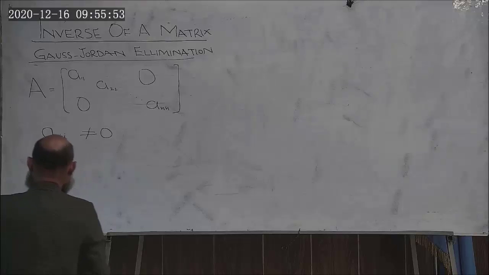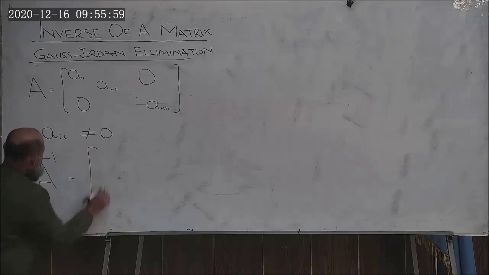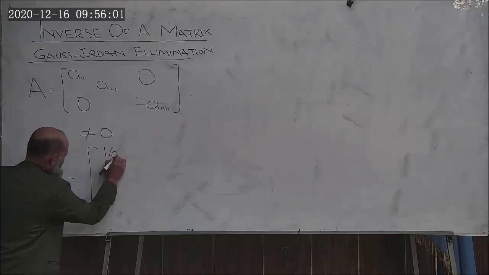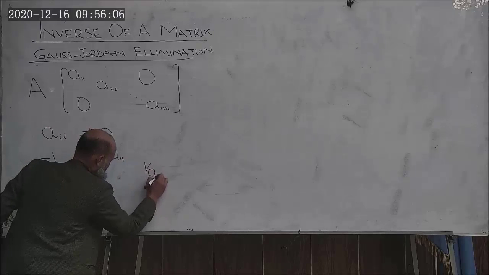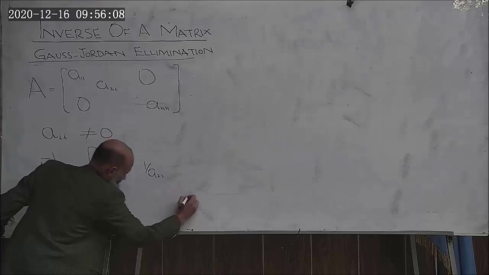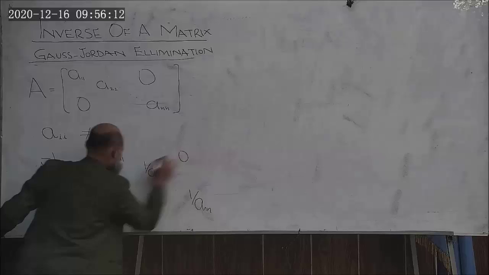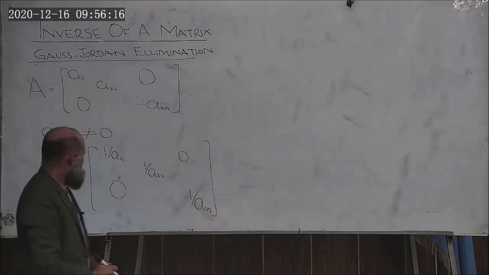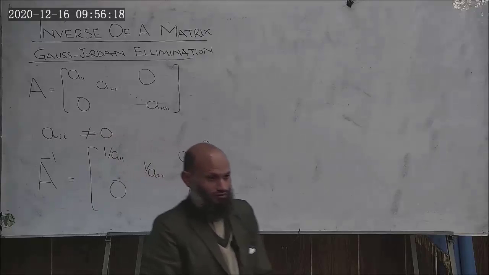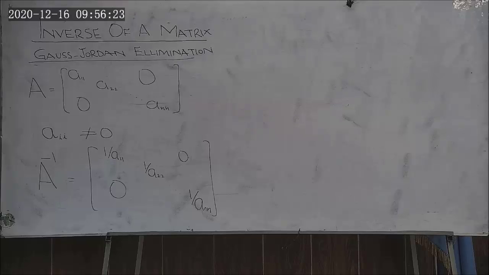And the inverse of a diagonal matrix is given by 1 over A11, 1 over A22, up to 1 over ANN, and all other entries 0. So can you prove this statement, or you just believe it without any proof?